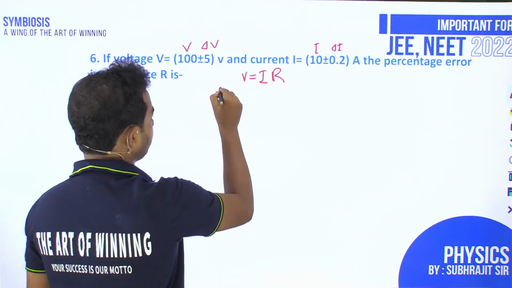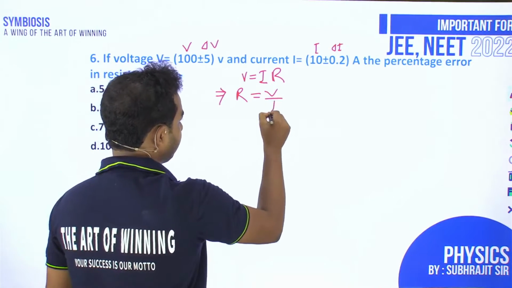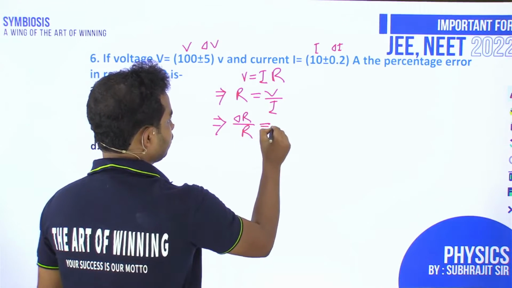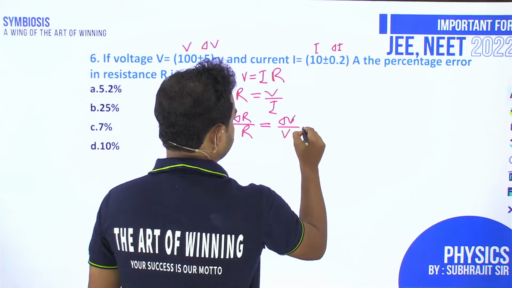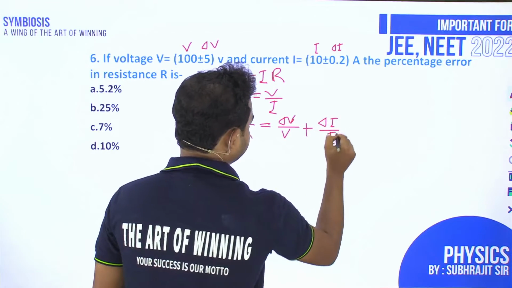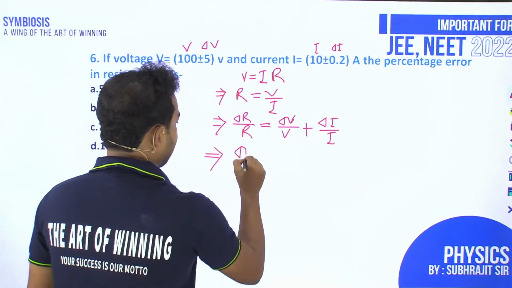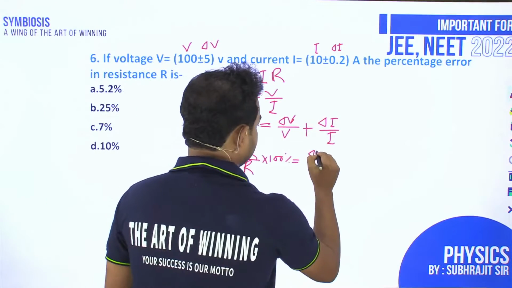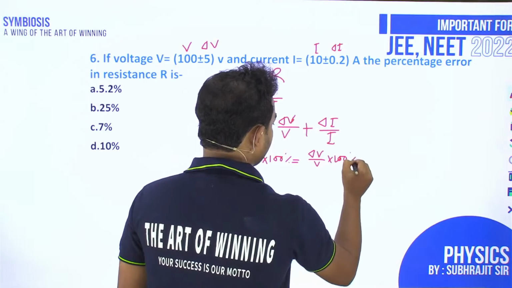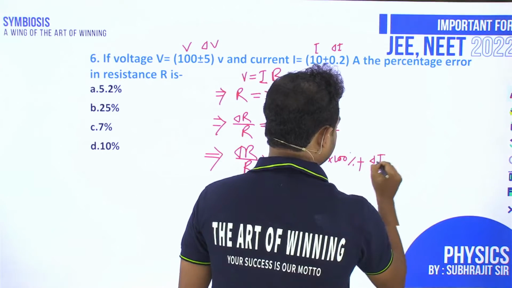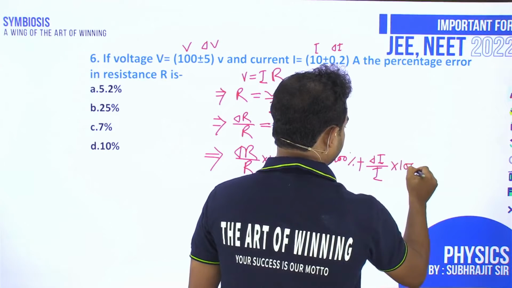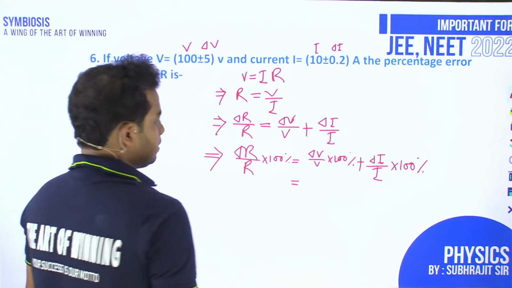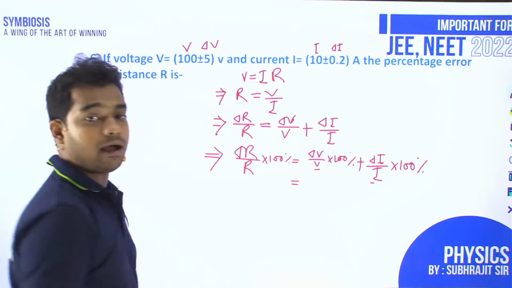So from here we can find R equals V divided by I. Now del R divided by R equals del V divided by V plus del I divided by I. So del R divided by R into 100% equals del V by V into 100% plus del I divided by I into 100%. These values are already given in the question.